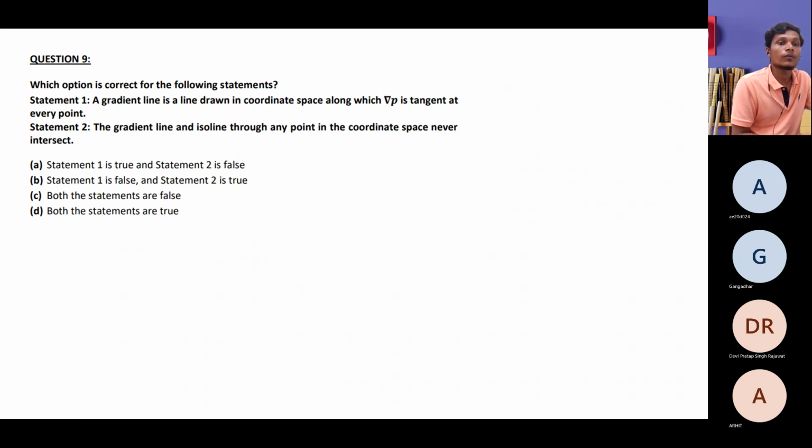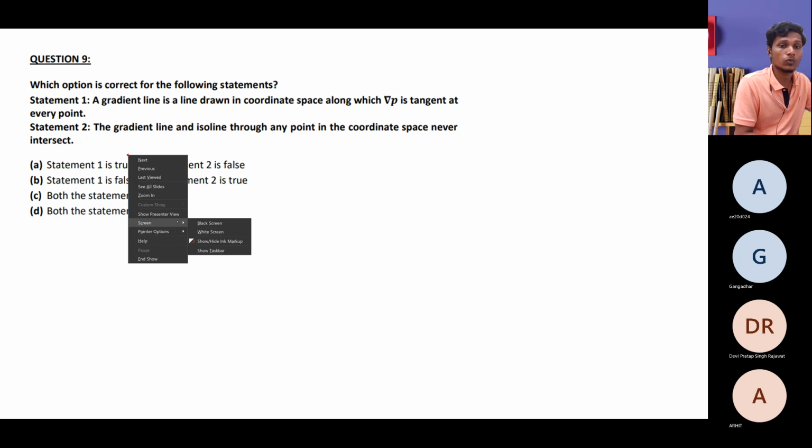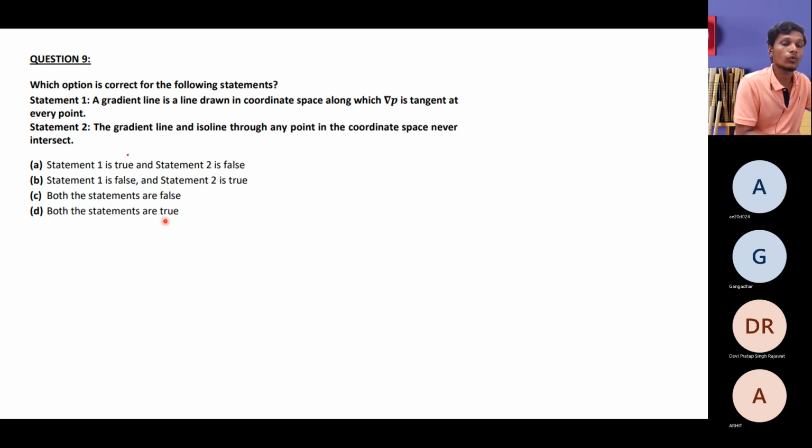Okay. Now, in the next question, we have an interesting problem. This is based upon your understanding of the flow physics with respect to pressure and velocity fields, and how you can determine things by looking at any flow field. Let me read the question. Which option is correct for the following statements?